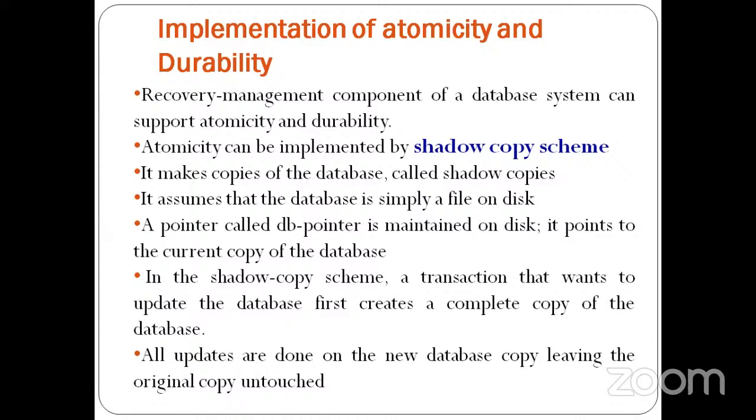It assumes the database is simply a file on disk. A pointer called the database pointer is maintained on disk. It points to the current copy of the database. In the shadow copy scheme, a transaction that wants to update the database first creates a complete copy of the database.